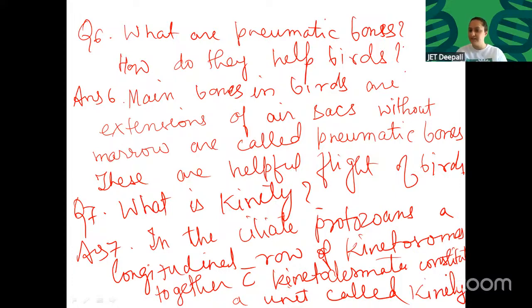Okay. In the ciliate protozoans, a longitudinal row of kinetosomes together with kinetodesmata constitute a unit called kinetic.